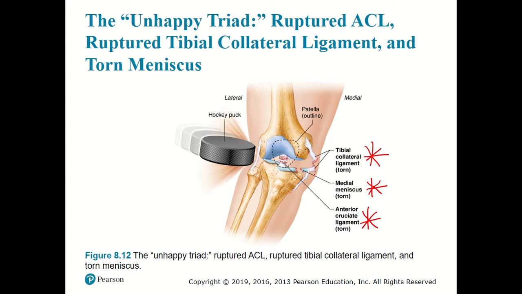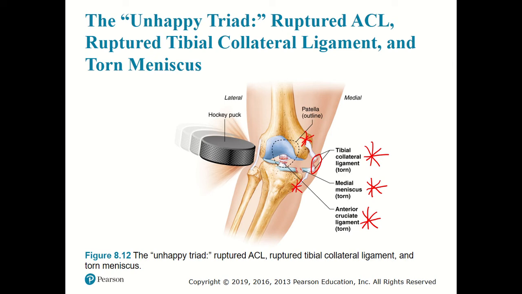The collateral ligament is going to be this ligament found right alongside the knee, right? So if you look at this one, you see this tear right here in particular. That is the tibial collateral ligament, right? And so we see a ligament that joins, for example, this part of the femur to this part of the tibia, becoming the collateral ligament.